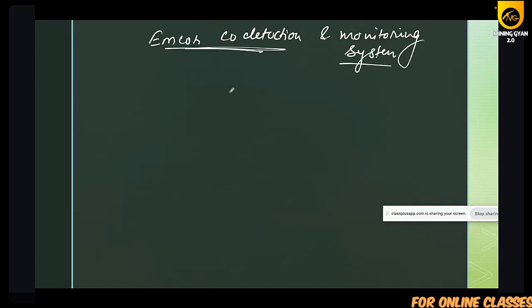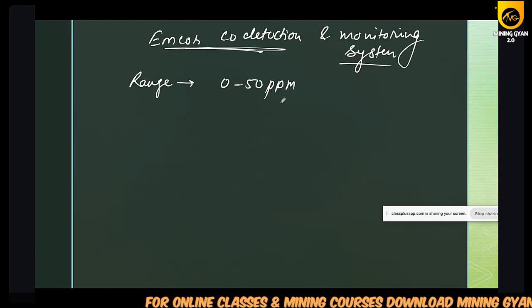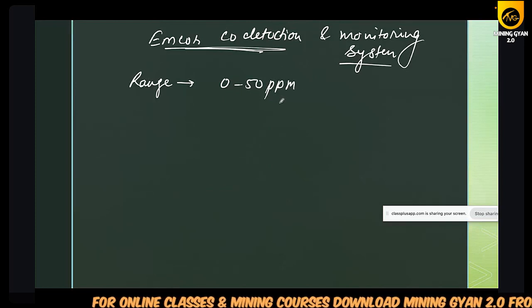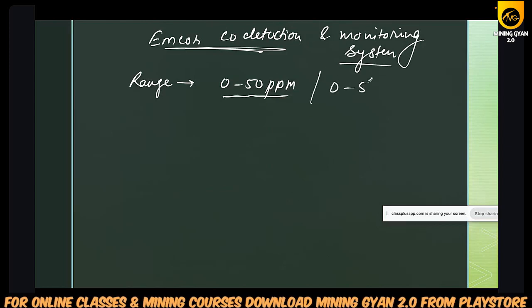In the core CO detection, the range will be 0 to 50 ppm. Somewhere writing 0 to 50 and somewhere writing 0 to 500 ppm. And core CO detector will be portable.